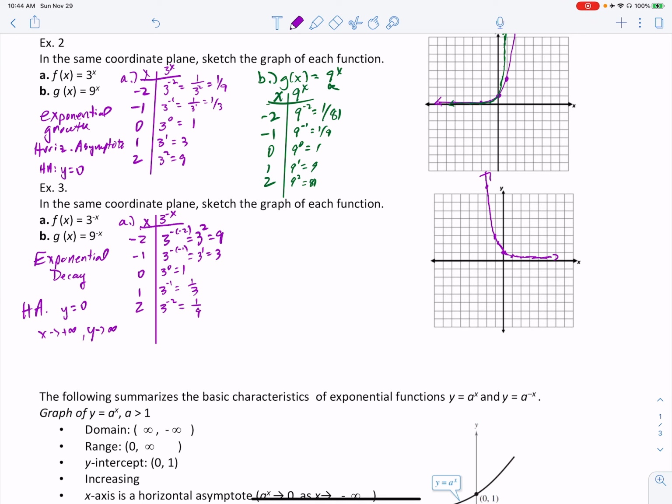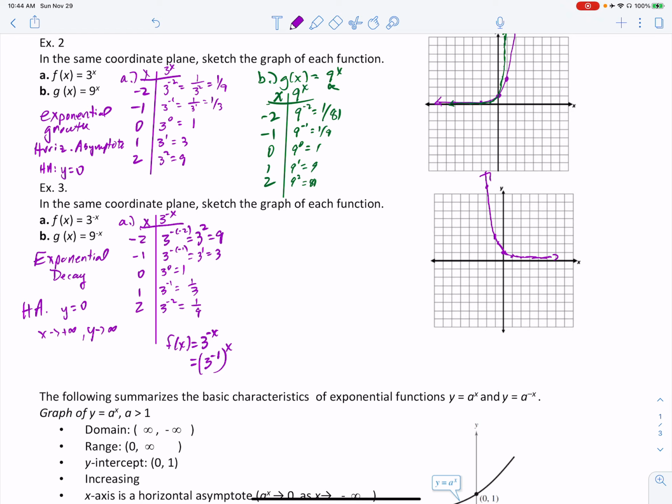So there's that graph. And what you can think of this as is f of x being 3 to the negative x can be 3 to the negative 1 to the x. Because powers are powers, you multiply, so I can write that as 3 to the negative 1 to the x.